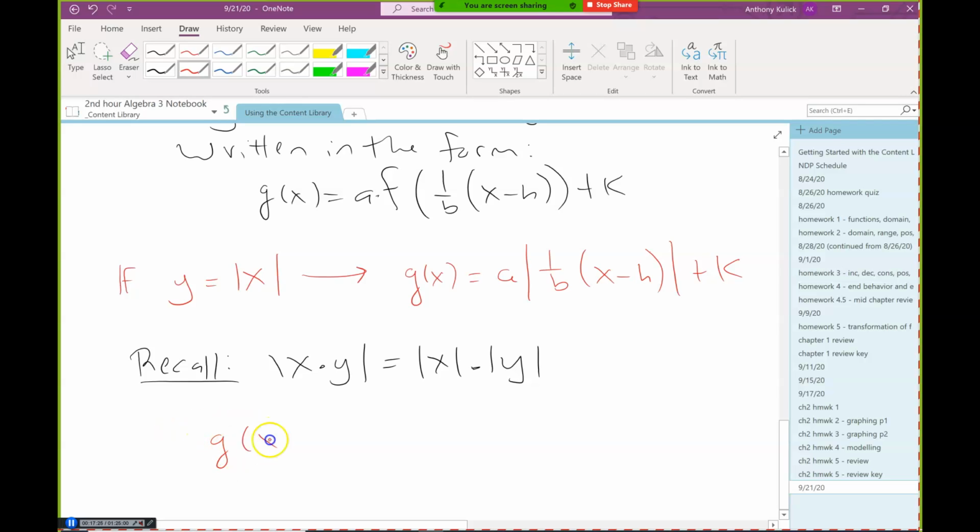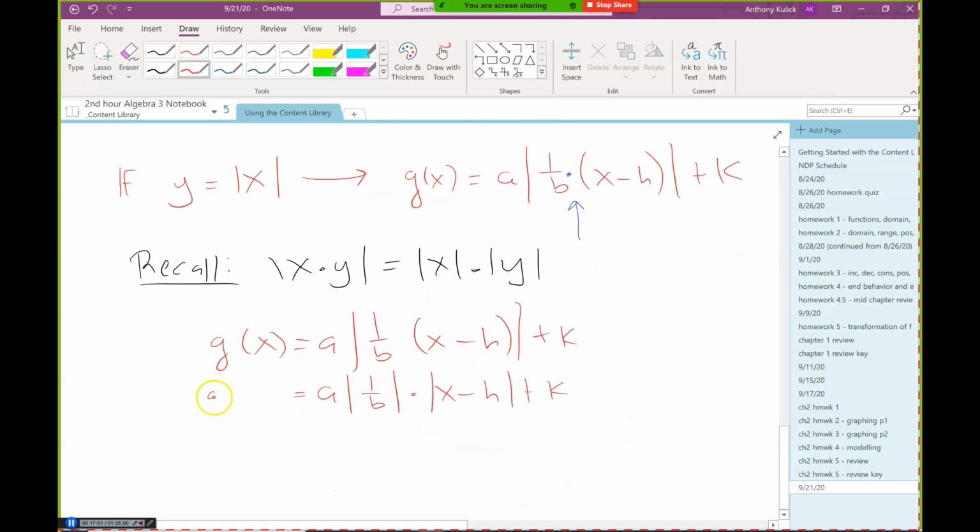So using this, we can simplify this expression for g, because we notice that there is multiplication going on inside that absolute value. So if I apply that property, we can rewrite g of x to look like that.